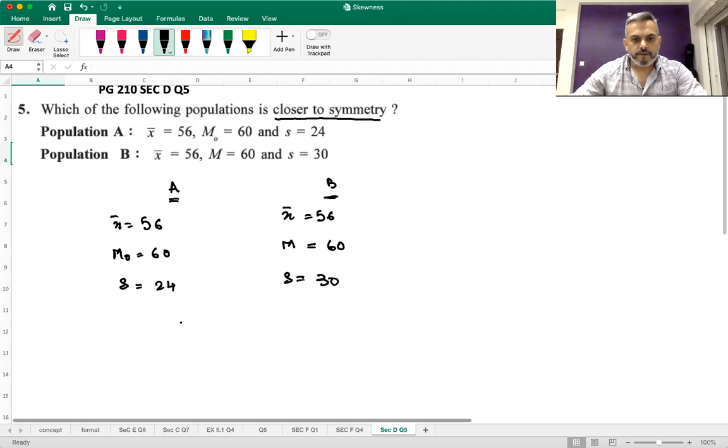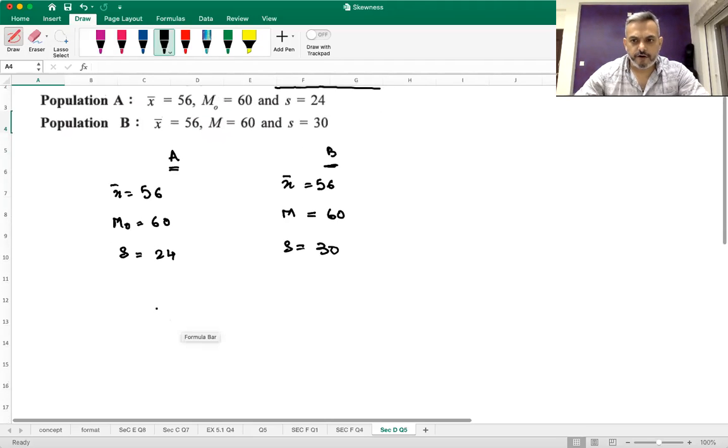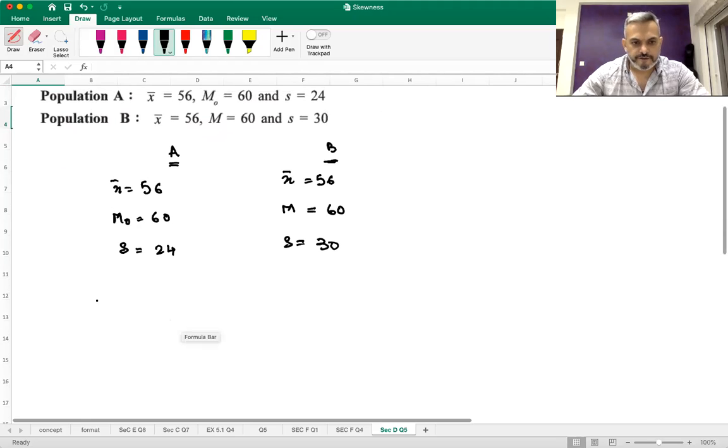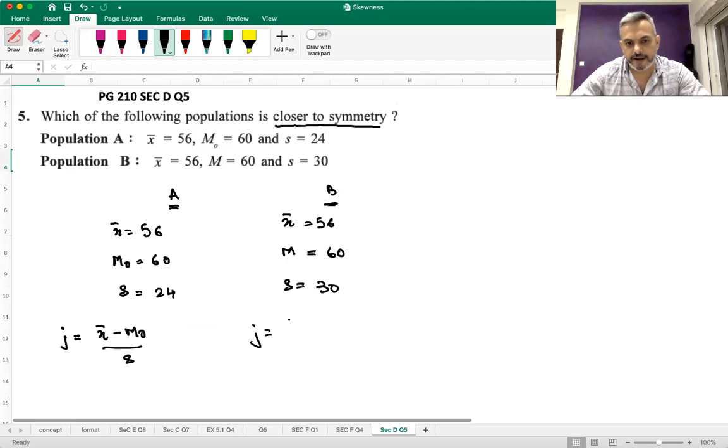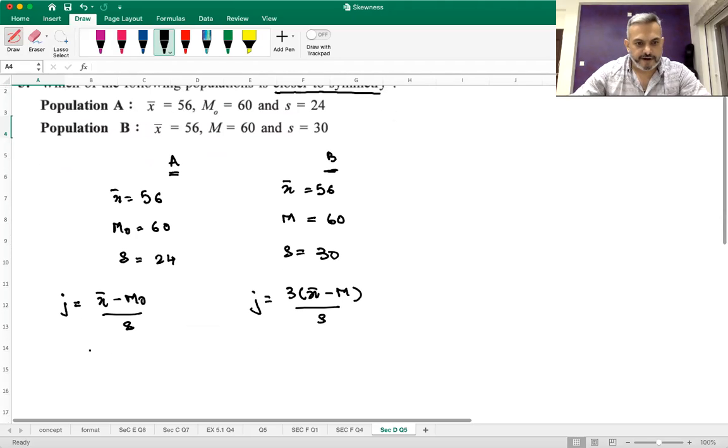Now here we have to use the formula of coefficient of skewness because here we are going to compare. So J is equal to, here you have mean and mode, so X bar minus mode upon standard deviation, and over here J is equal to, X bar and median, so 3 X bar minus M upon S. So let's start finding it.